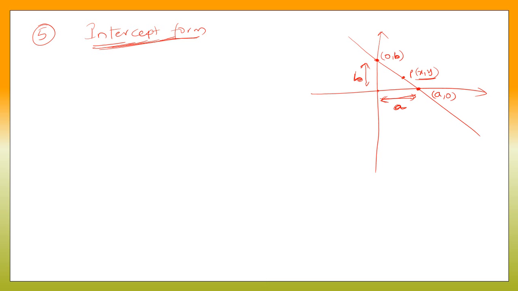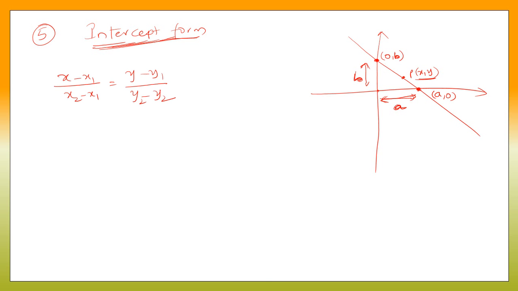What is the equation? Already we have written it, right? When two points are given, what is the formula? x minus x1 by x2 minus x1 is equal to y minus y1 by y2 minus y1.